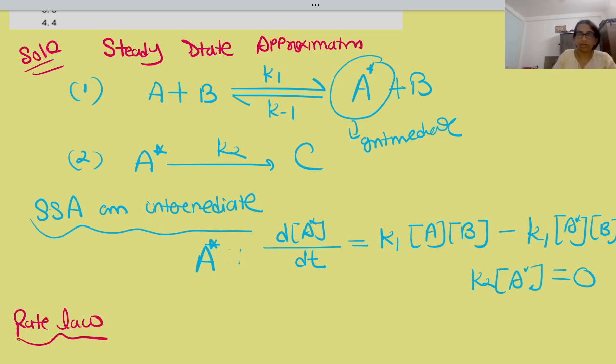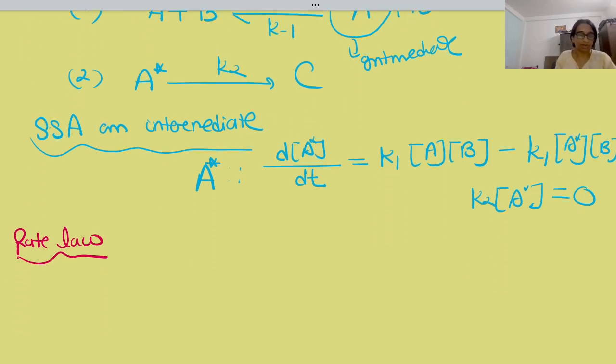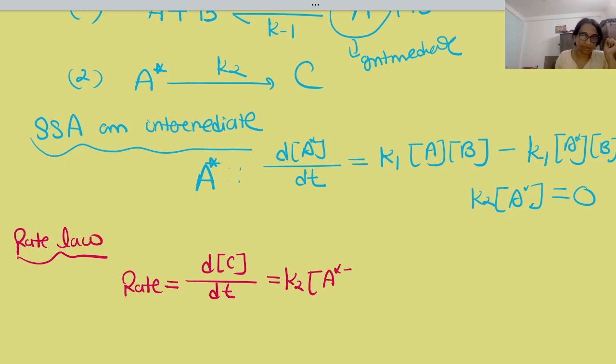According to the rate law, the rate is equal to d[C]/dt, which is K2 times the concentration of the intermediate.